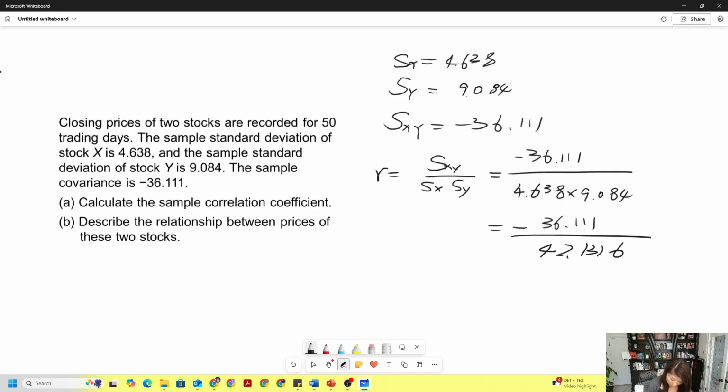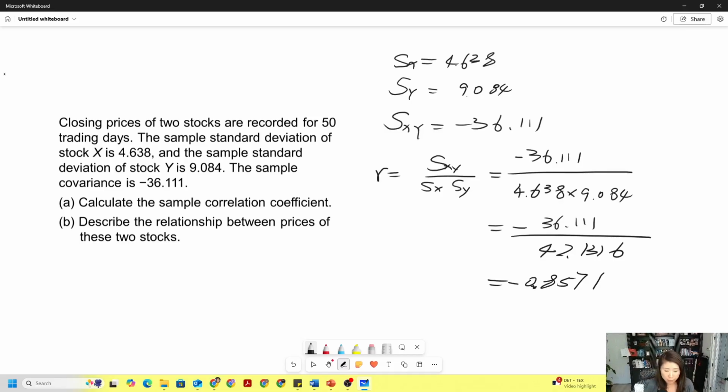Then I'm going to use 36.11, make sure you know it's negative, and divide by 42.1316. That will give me the value of negative 0.8571. Okay, that is the answer for A.